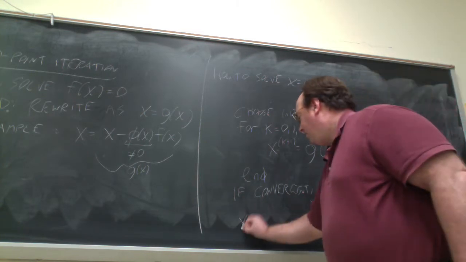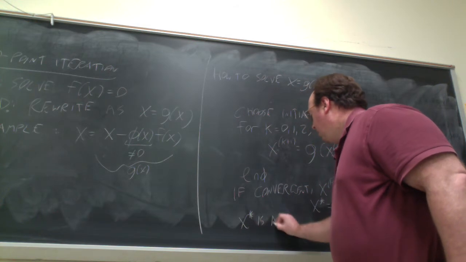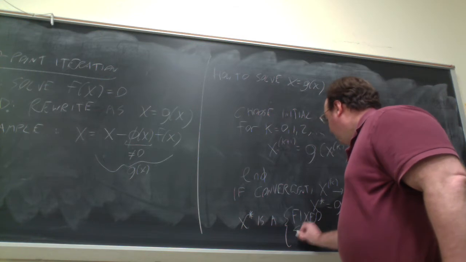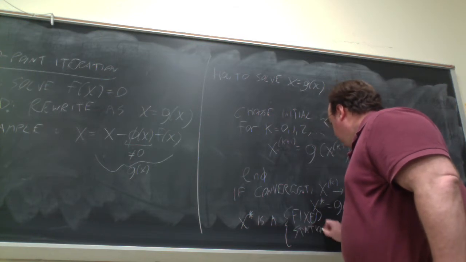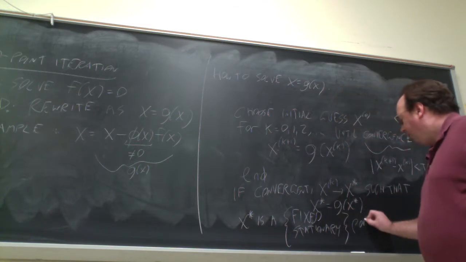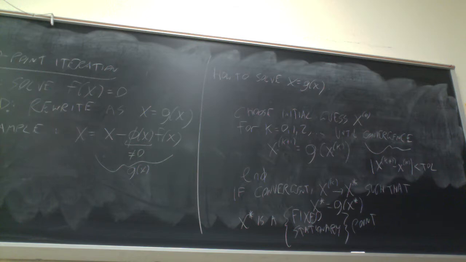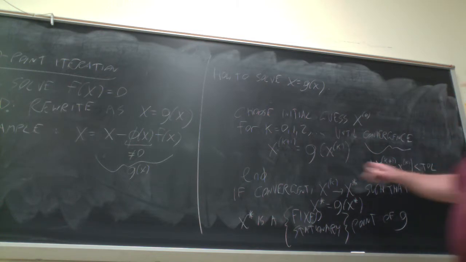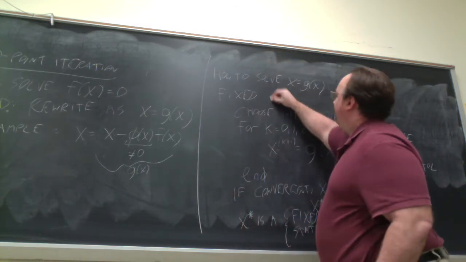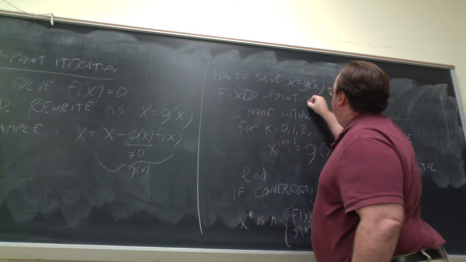We say that x star is a fixed or stationary point of g. You can call either one. And that is why this process that I've just described is called fixed point iteration.